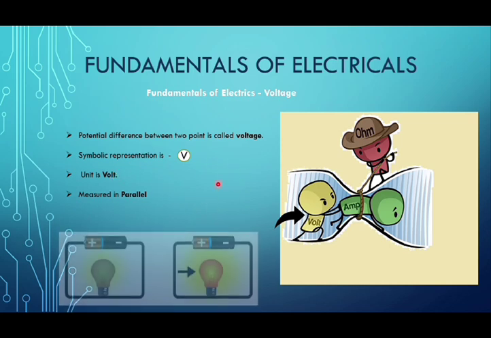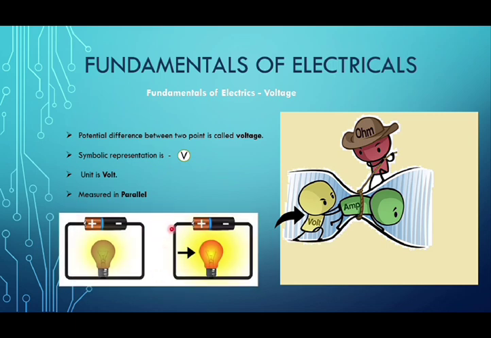This is an example of voltage. One bulb is illuminated very dimly, and in this one the illumination is too high. So in this particular example, the voltage is too low in this bulb and the voltage is high in the other. I don't say current is not coming, current is coming.